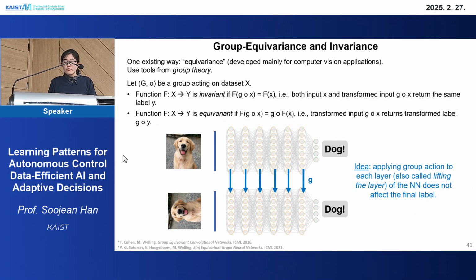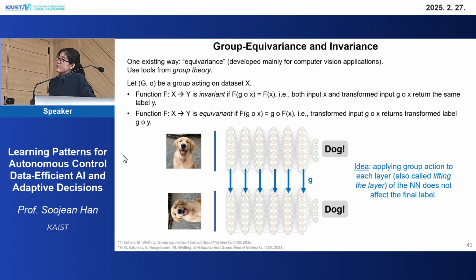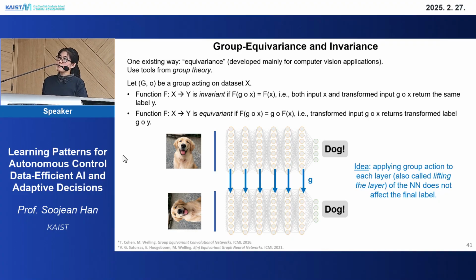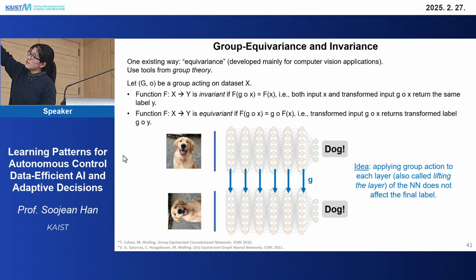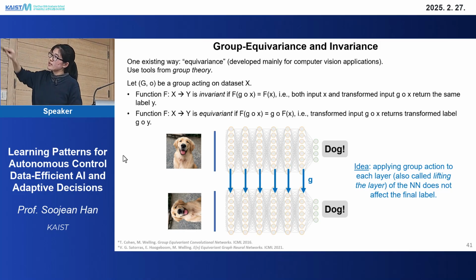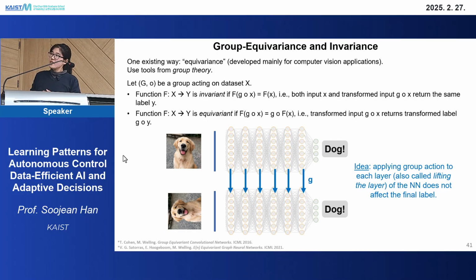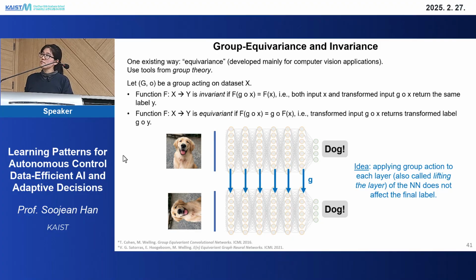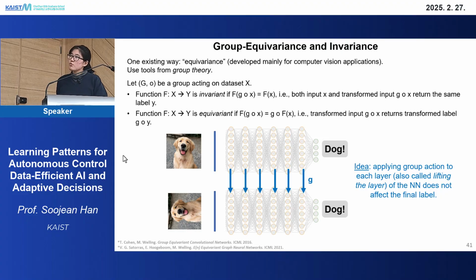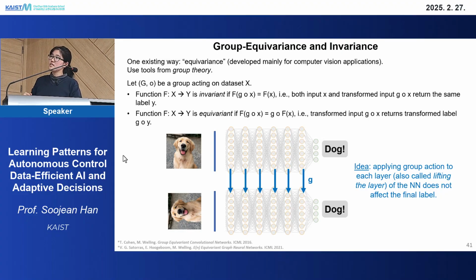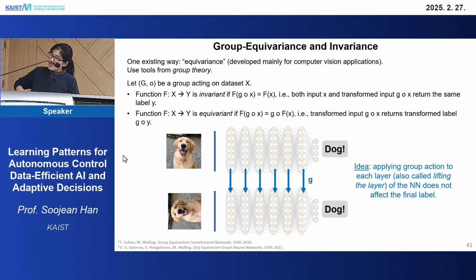Okay, so I mentioned group equivariance. What exactly is it? Well, equivariance is a notion that stems from group theory, which is a subfield of mathematics. These are the terminologies that are commonly used. I think I got it backwards, excuse me.